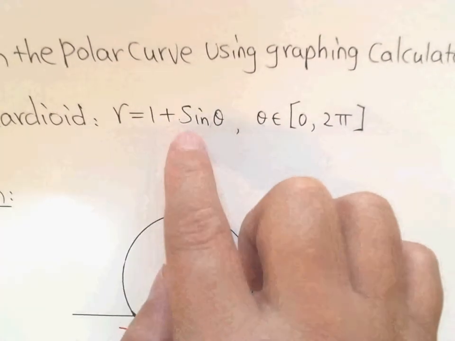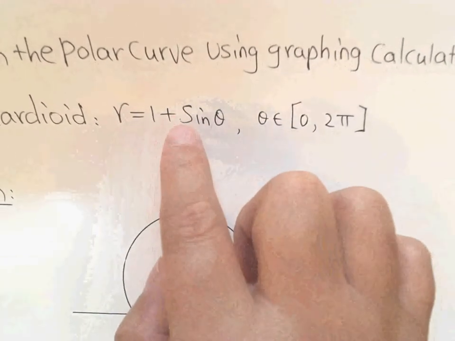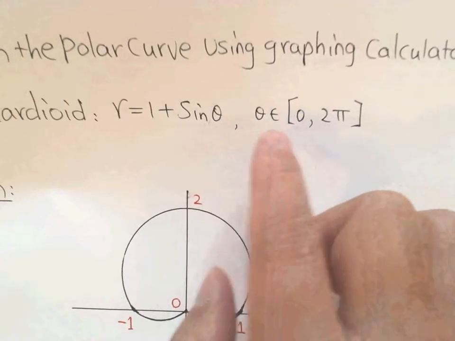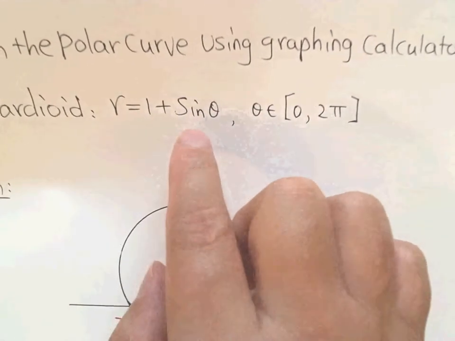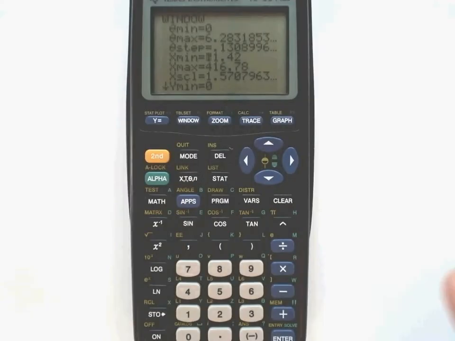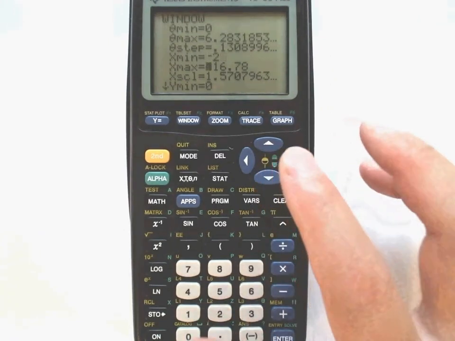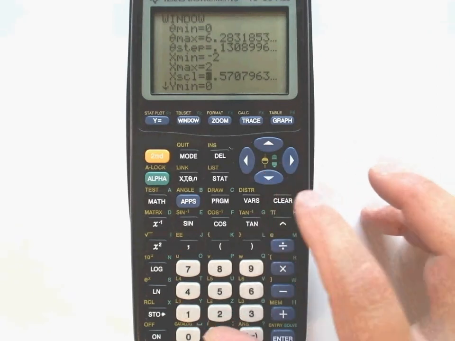R is from 0 to 2, and cosine theta is from -1 to 1. The possible minimum is -2 and the possible maximum is also +2. So we can simply set up -2 to +2. This is from the equation.